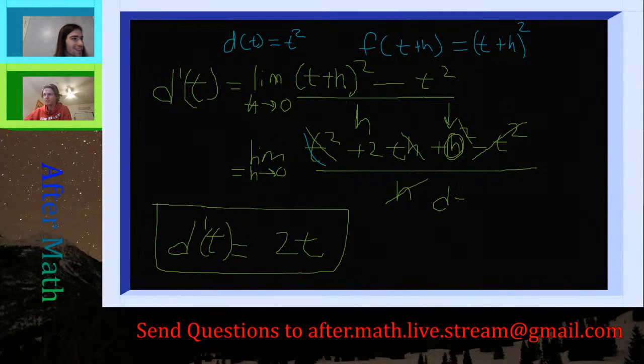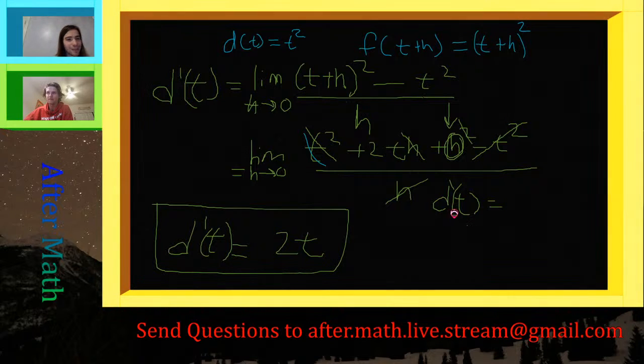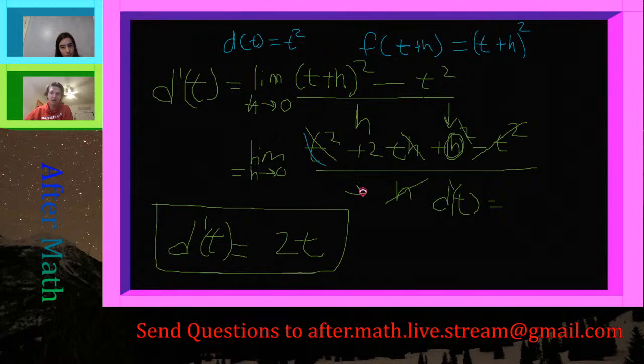Hold on, Jen, we have a question. It says, so if h is approaching 0, then we plug in h as 0 in the equation? Yes, kind of. After we simplify it, because at the beginning we have an h in the denominator and you cannot divide by 0.